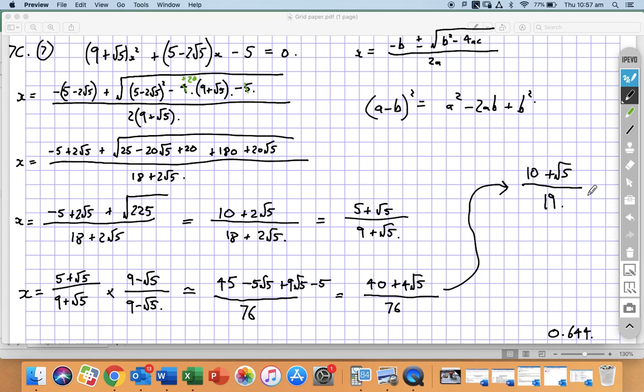Now I want to check that 10 plus root 5 on 19 is the same as 0.644. This is, of course, approximate because it's a decimal.